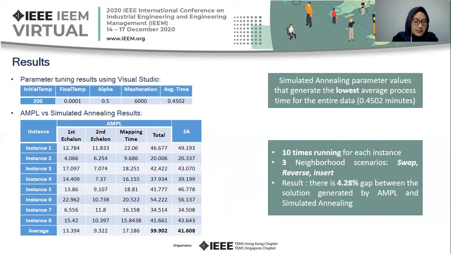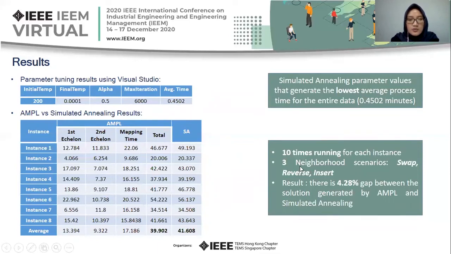And the result: these are the simulated annealing parameter values that generate the lowest average process time, and it's 0.4502. And here are the results between AMPL and simulated annealing. The objective value between SA and AMPL has a gap of around 4.28%.